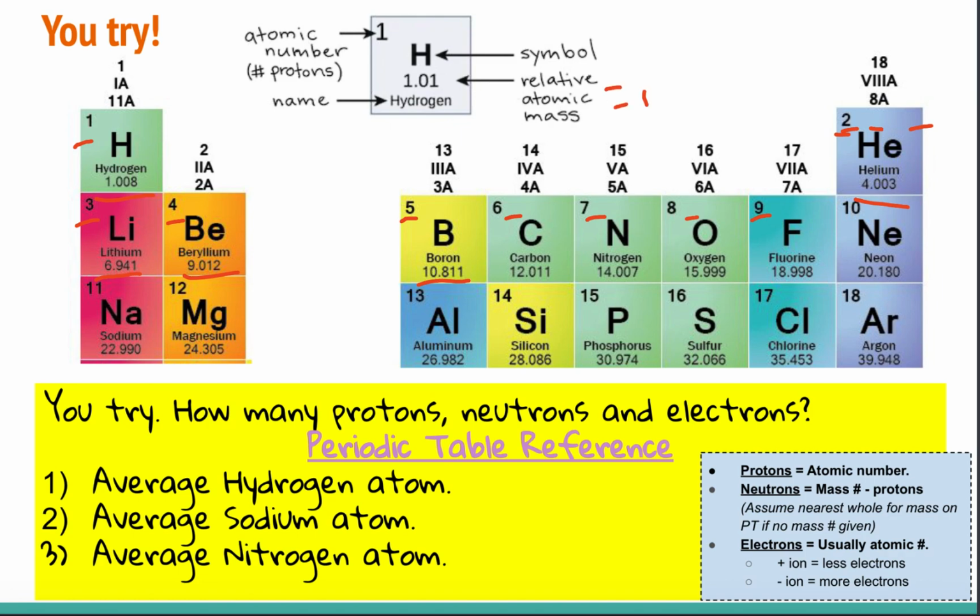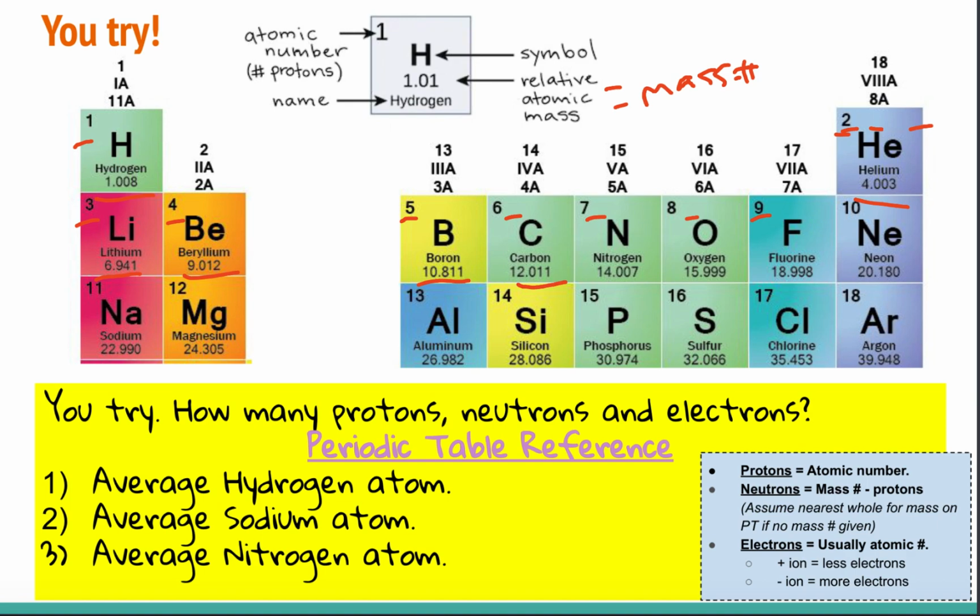Now, the mass number is always a decimal because it's the average weight of an atom across all the atoms that are known, in terms of their commonality on Earth. So there is no such thing as having a part proton, a part electron, or a part neutron.